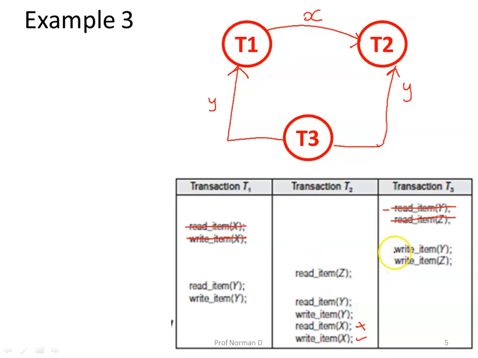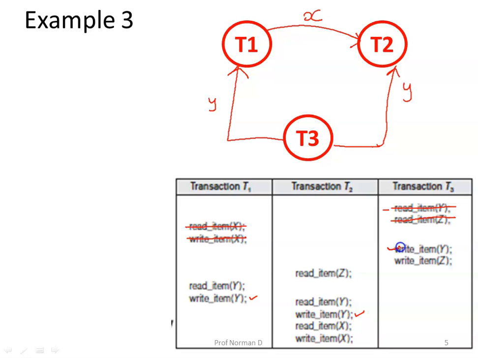Next instruction is write item Y from transaction T3. So this instruction is having a conflict with write item Y from T1 and write item Y from T2.